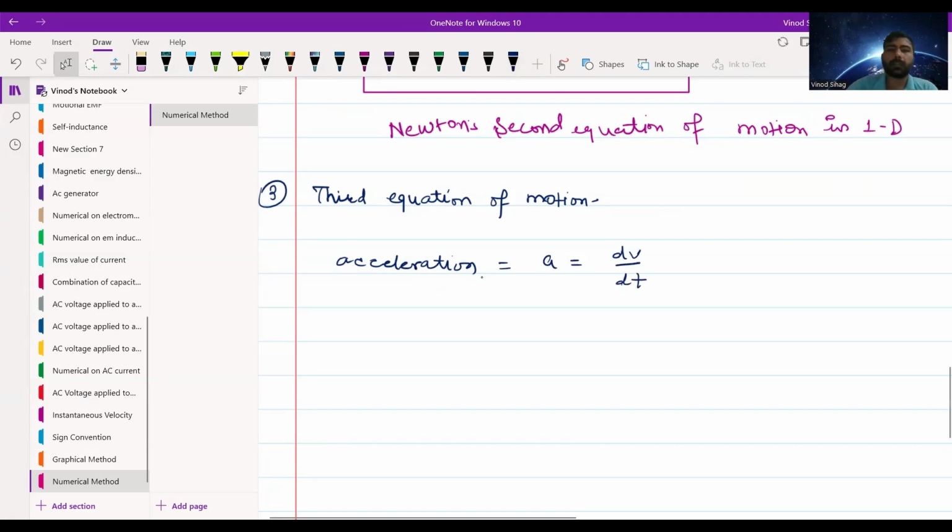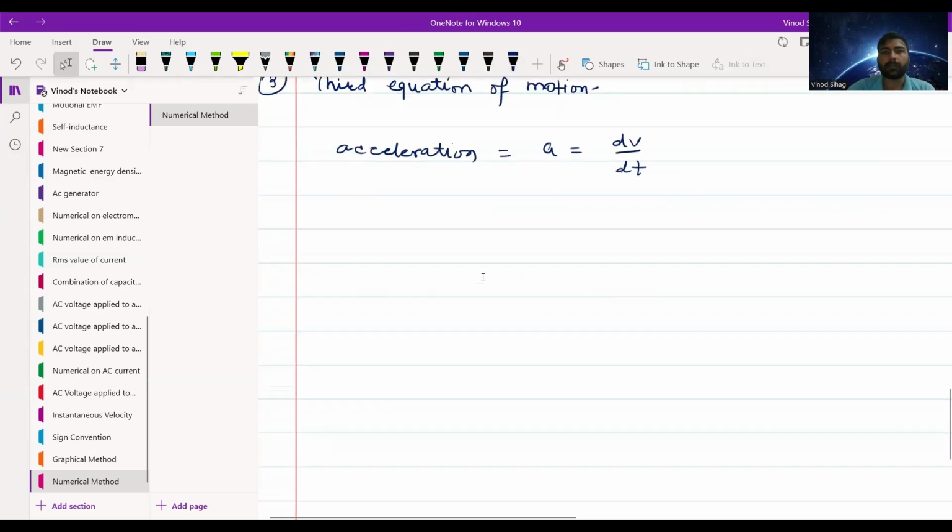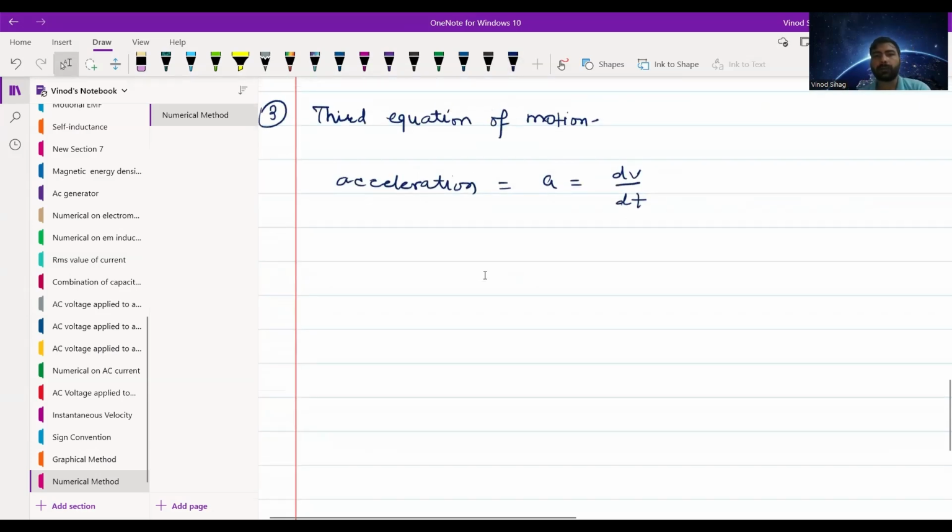Now let's rearrange this differentiation so we can get our required equation. So it can be written as a equals dv upon dx into dx upon dt. Fine. Because at the end we can say that dv upon dt is represented as dv upon dx into dx upon dt.